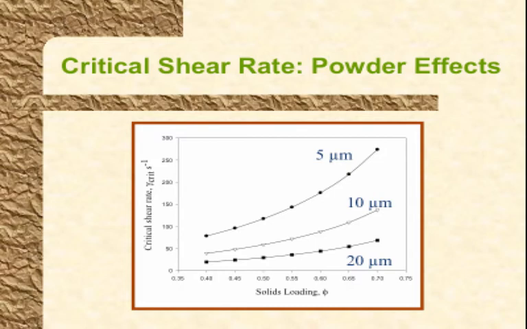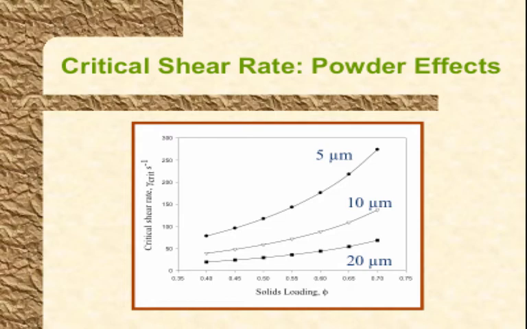Right? So as you increase particle size, what is happening to the critical shear rate? As you're increasing the particle size, the minimum shear rate to break an agglomerate goes down. As you add more particles, shear rate goes up, and it goes up more dramatically for particle size compared to solid surrounding, right?